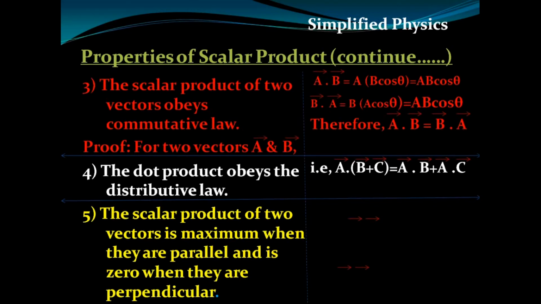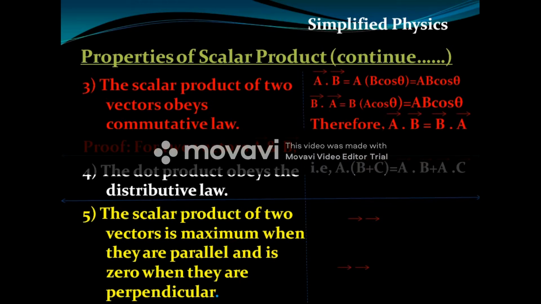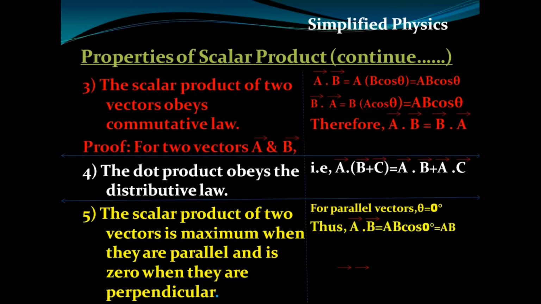The scalar product of two vectors will be maximum if they are parallel, acting in the same direction, and is 0 when they are perpendicular to each other. So for parallel vectors acting in the same direction, a dot b equals ab cos theta, which is the maximum value you will get.